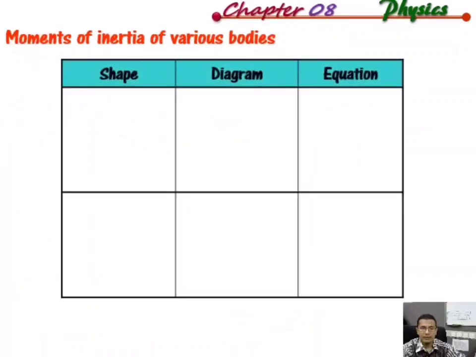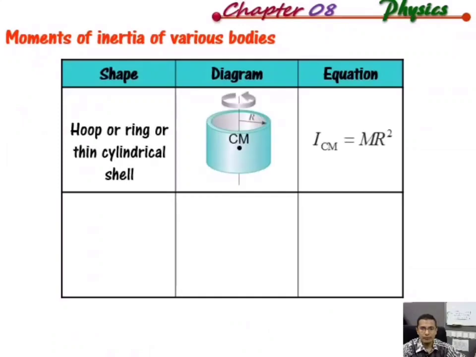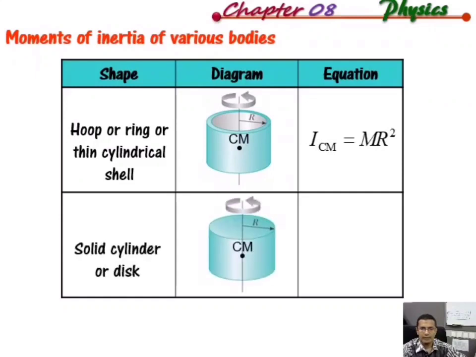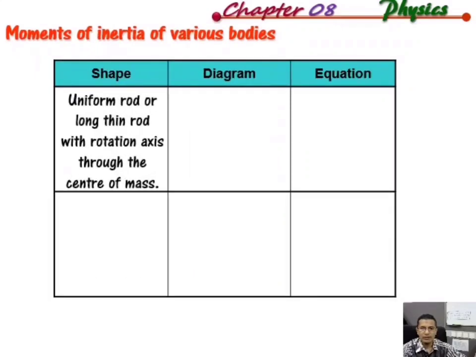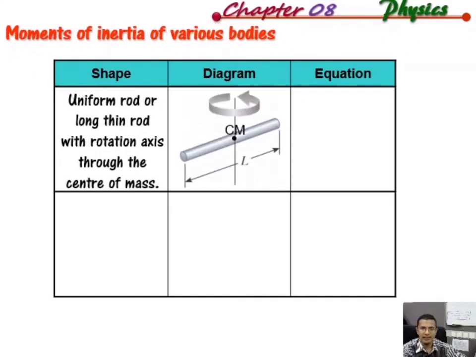Okay, this table shows various moments of inertia for various bodies. This is for the hoop or ring or thin cylindrical shell. Actually you don't have to remember this, it will be given in the problem. Solid cylinder: we have half m r squared. Then we have a uniform rod, like a pencil, for example, where the rotation axis goes through the center of mass, CM.